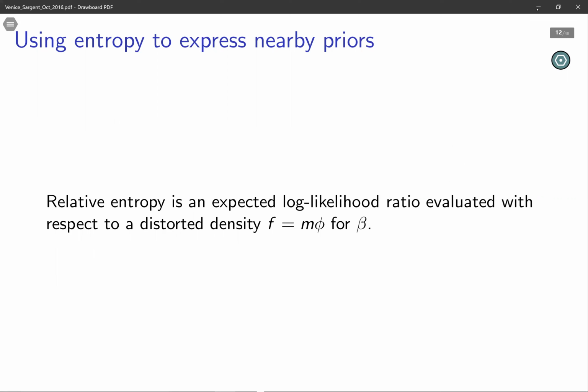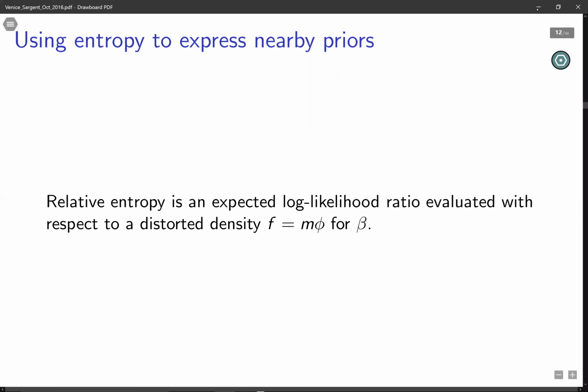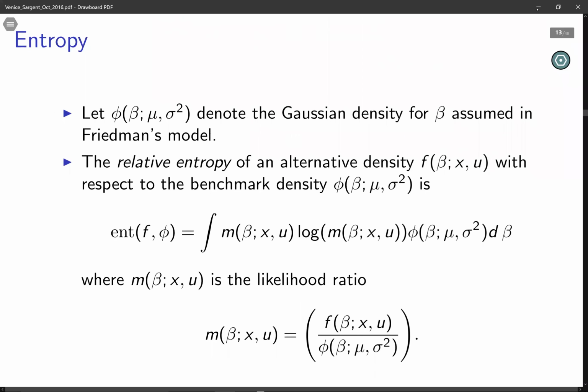And what's relative entropy? It's an expected log likelihood ratio. If phi was the original prior from Friedman's model, we're going to multiply it by a likelihood ratio m and get a distorted density, F. Then we form entropy, which is just the expected value of the log of the likelihood ratio, evaluated not with respect to the original density, but with respect to the distorted density.